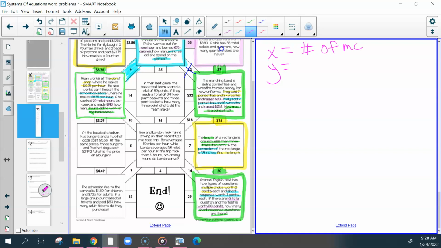Number of multiple choice questions, and number of short responses. And put MC and SR for sure.